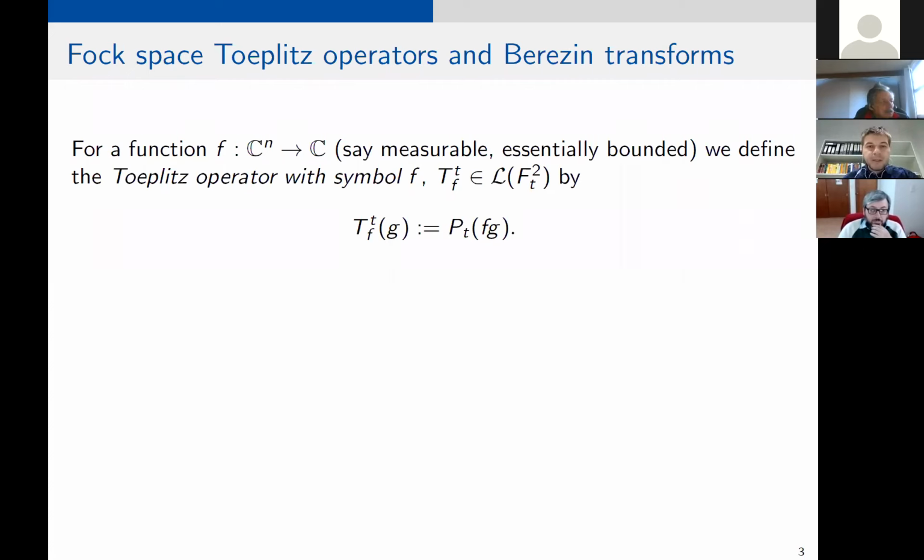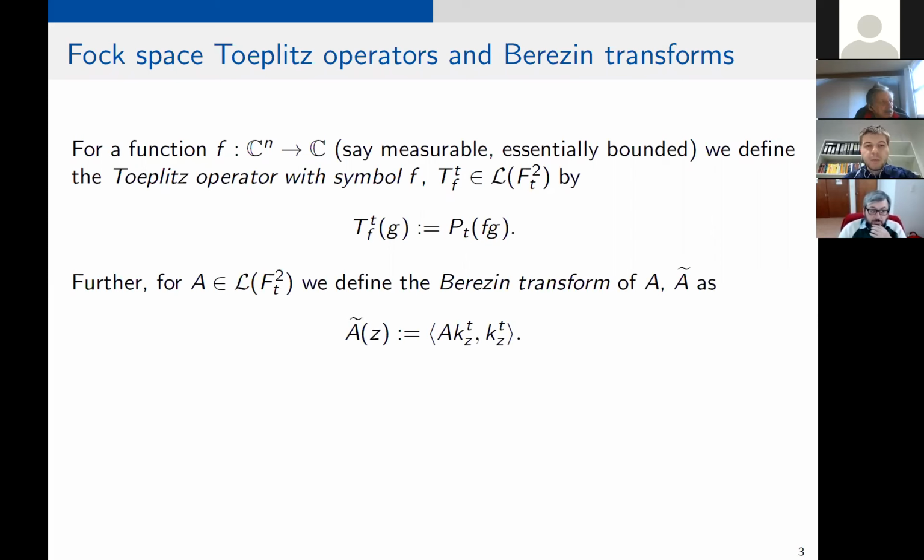These are Toeplitz operators, and we also have the Berezin transform. So if we start with a bounded operator A on the Fock space, then the Berezin transform of A, A tilde, is a function from C^n to C, and it's defined pointwise by just applying the operator to the normalized kernel and then pairing it again with the kernel.